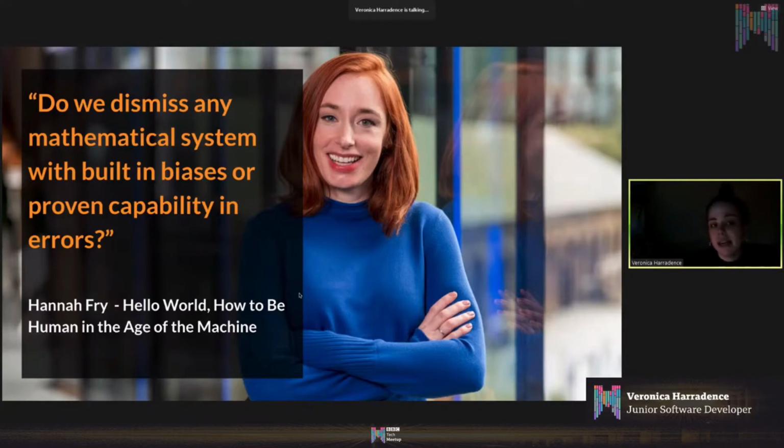And she asks here, do we dismiss any mathematical system with built-in biases or proven capability for errors? She makes the interesting point in this book that there is no known error state in blood spatter patterning and fingerprint detection, but proven when not fully relied on to be helpful.